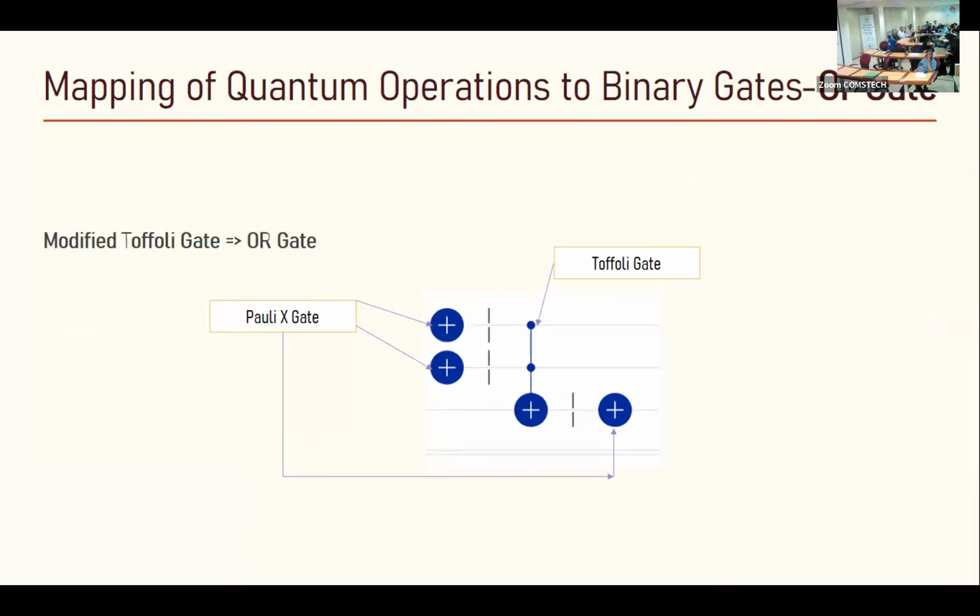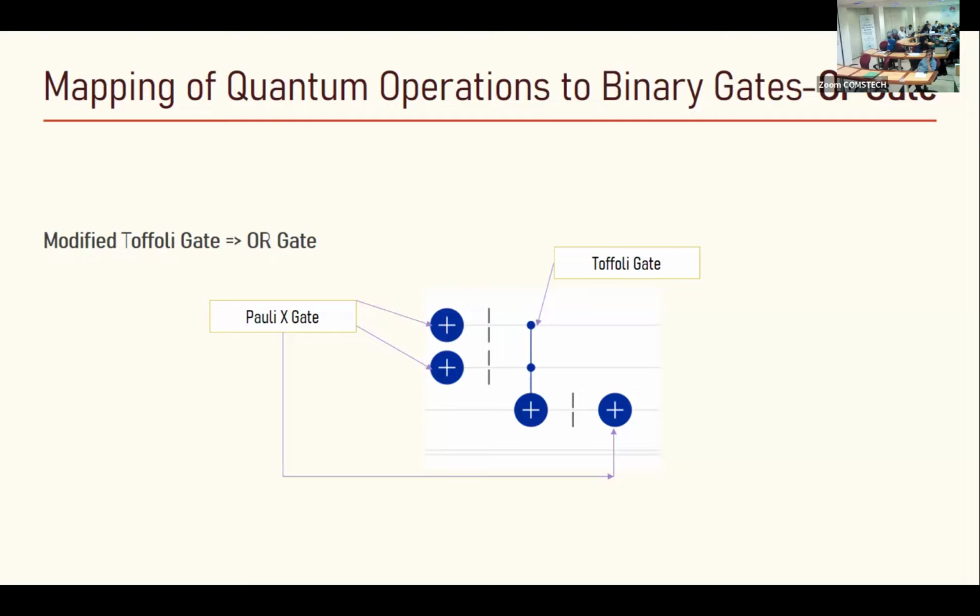Now, the quantum analog of OR gate is a combination of X and Toffoli gates when output is taken at the target qubit.